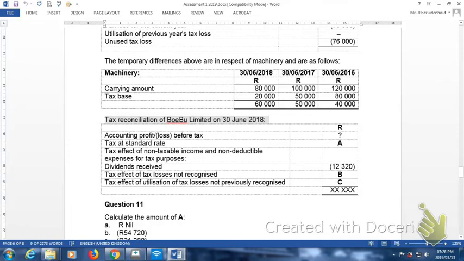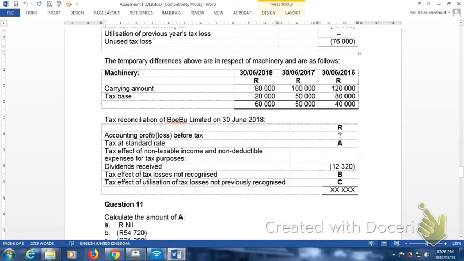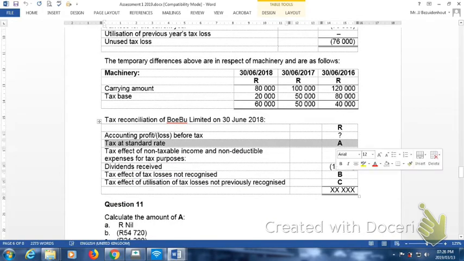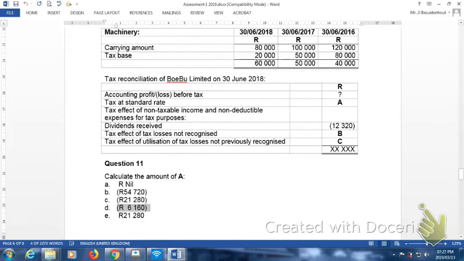So you have to reconcile what is the accounting loss, which in this case was the 22,000. What is the tax effect on that accounting loss? That will be 6,160, being 22,000 times 28%. That is why D is then the answer.